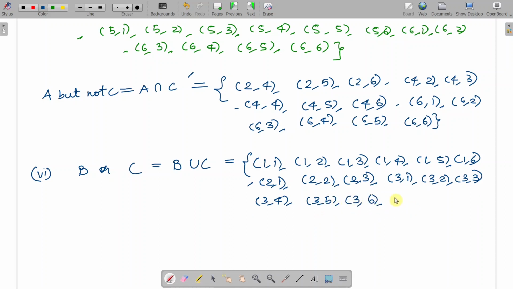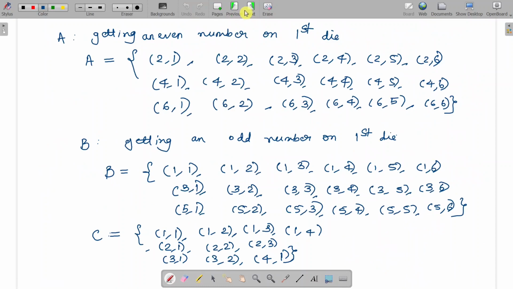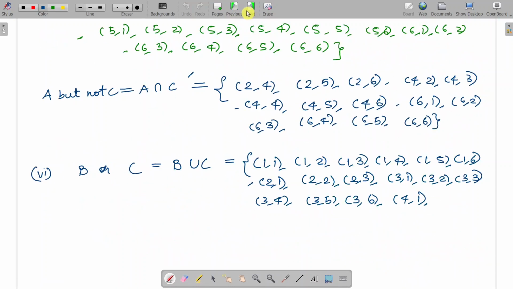Okay, then 4 comma 1 is in C, right? So that also we have to write. Yeah, and then we will get 5 comma 1, 5 comma 2, because these are in the set B. 5 comma 3, 5 comma 4, 5 comma 5, 5 comma 6. Okay, so B union C we got.